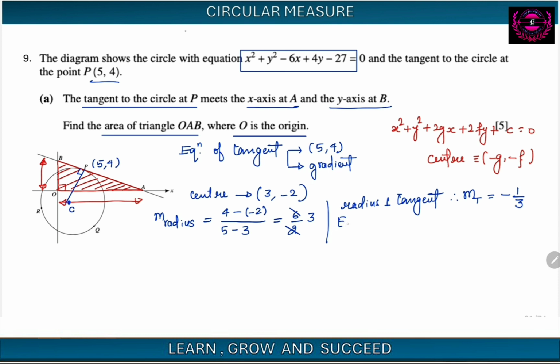Now the equation of the tangent will be y minus y1, which is 4, equals m times x minus x1, which is 5. So this is the equation of the tangent.